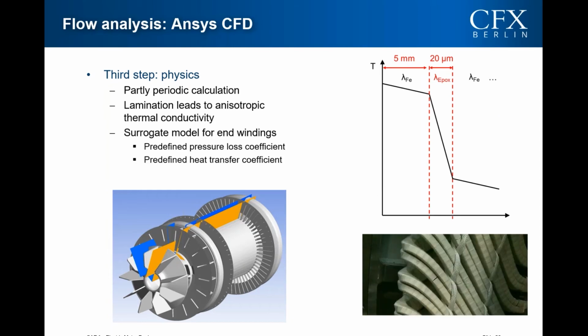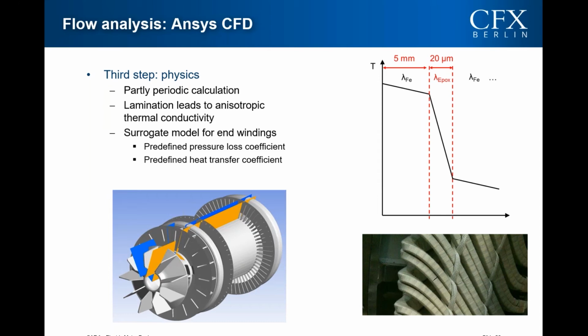Another aspect is the modeling of the end windings. Those are usually quite complex structures and can look very different from application to application. Here, we did not calculate the flow through the end windings in detail.